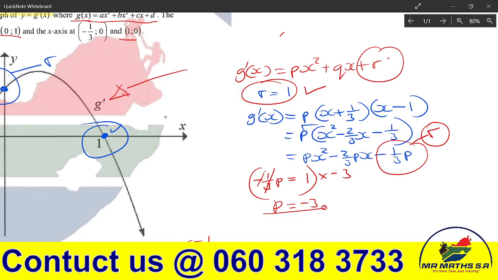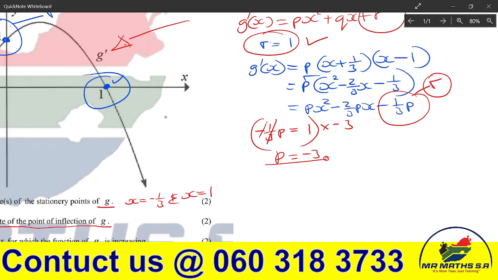Yeah. Are we still together? Yes. Okay. So this means if p is equal to negative 3, I can substitute to get q, which is this coefficient. That will mean q now will be equal to what?